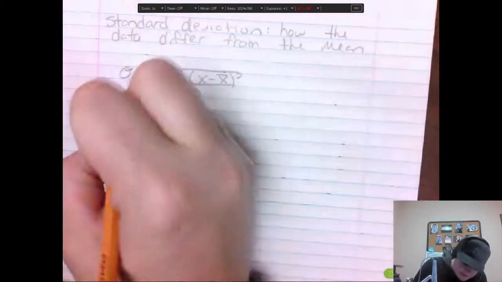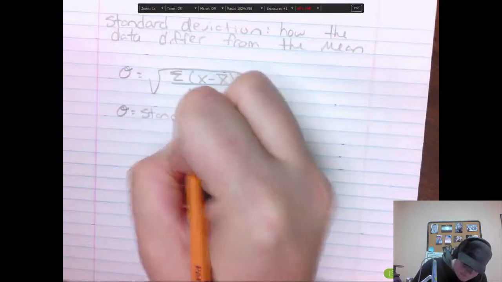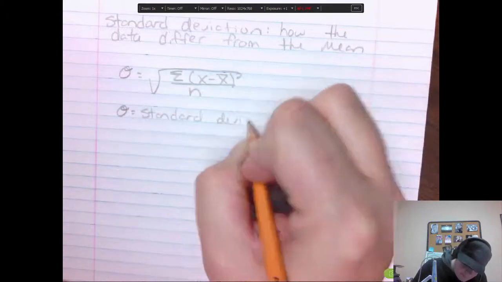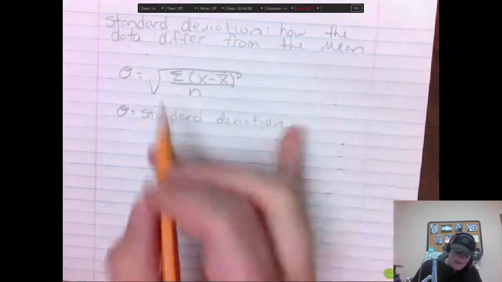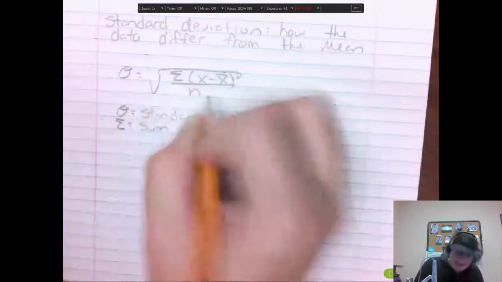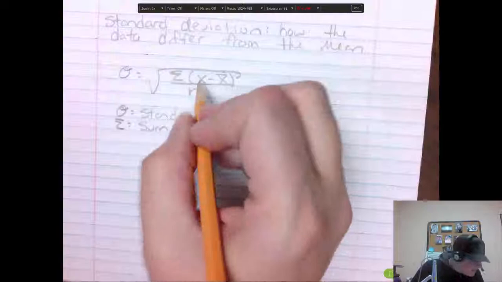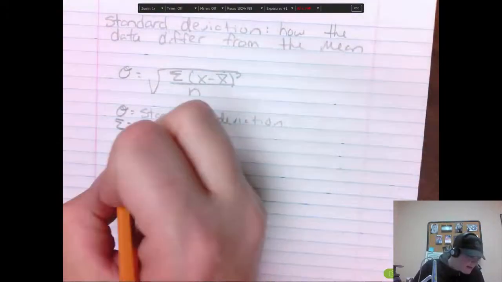So let's label each of these. First of all, this just means the standard deviation. Okay, and then the next symbol here that we see is kind of a weird E. It just means sum. It means add up those things. So we could have used that symbol in the last one, but they didn't, and then they used it in this one. X's are just your data values.